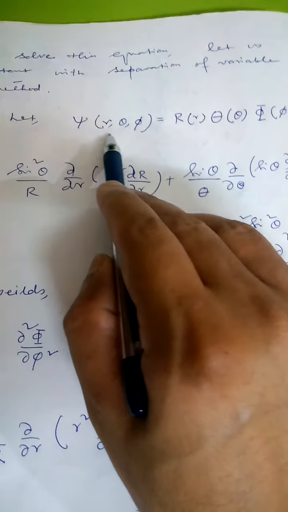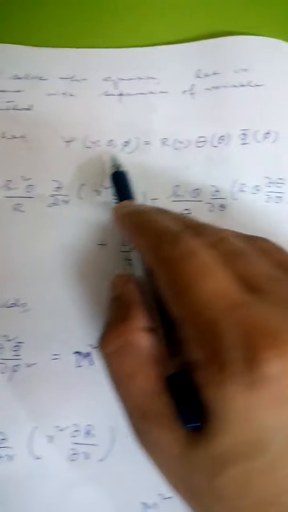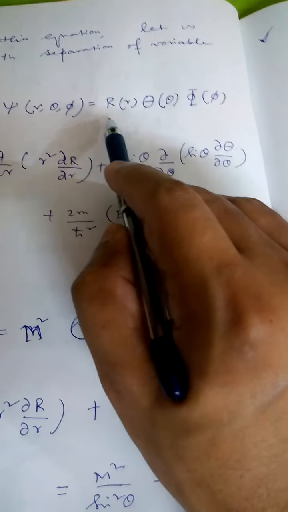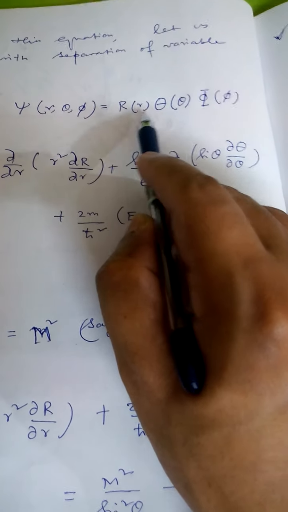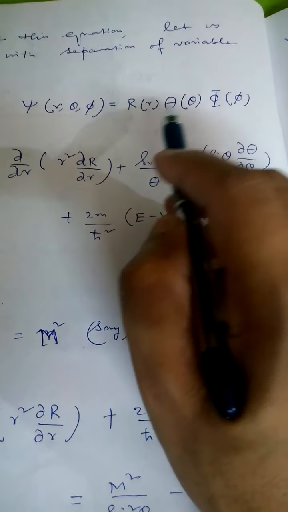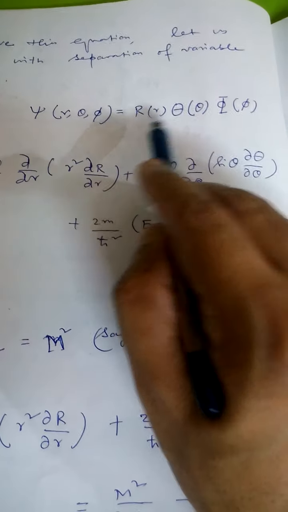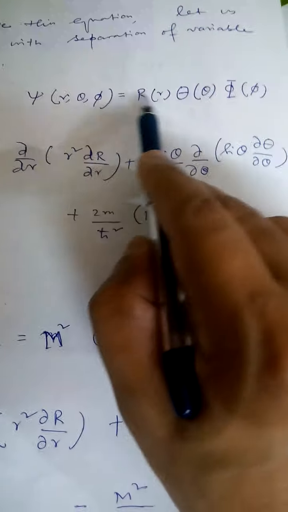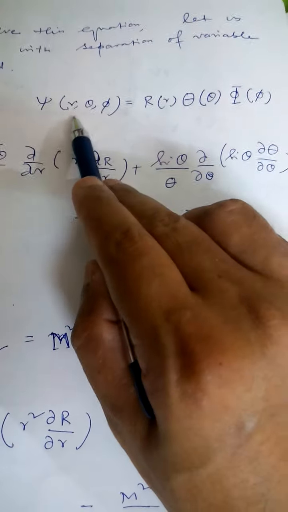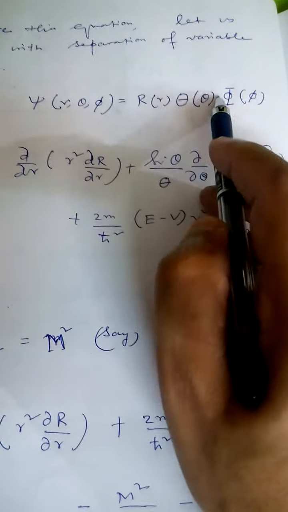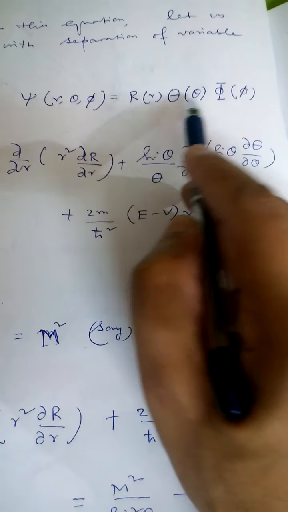So let ψ(r, θ, φ), a function of r, theta, phi, be taken as the product of three functions. Capital R is a function of small r, capital Θ is a function of θ, and capital Φ is a function of φ. So ψ equals R Θ Φ; this function of three variables is expressed as a product of three functions, capital R, capital Θ, and capital Φ.